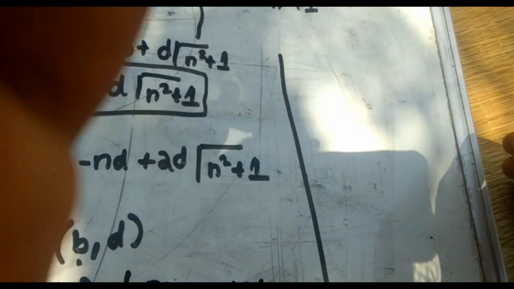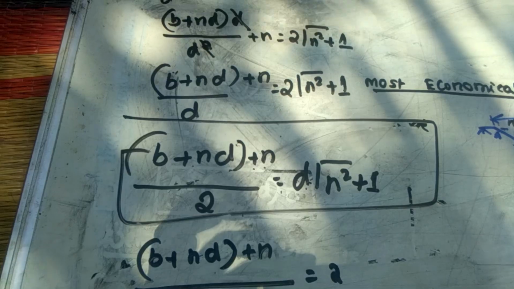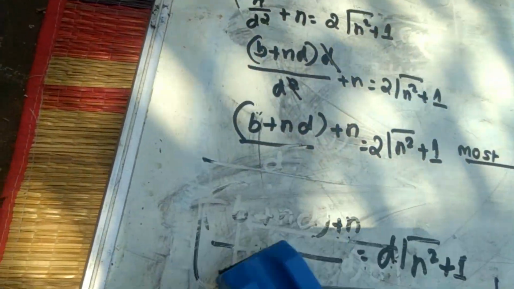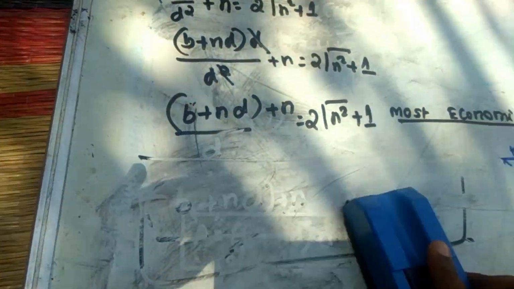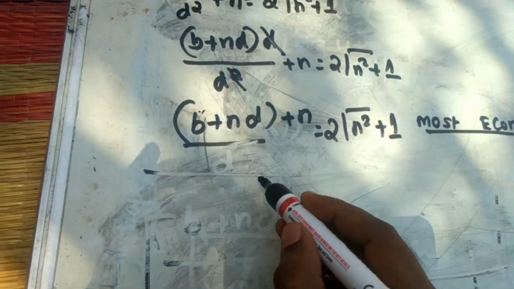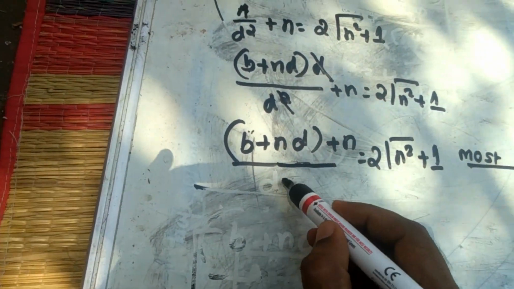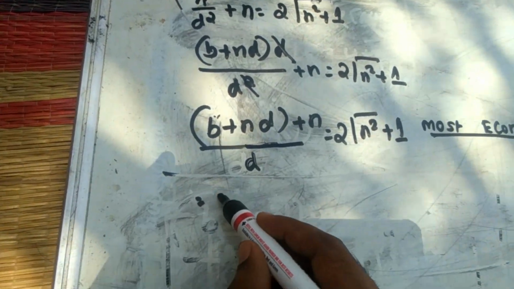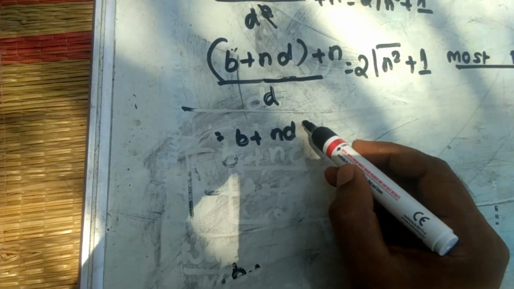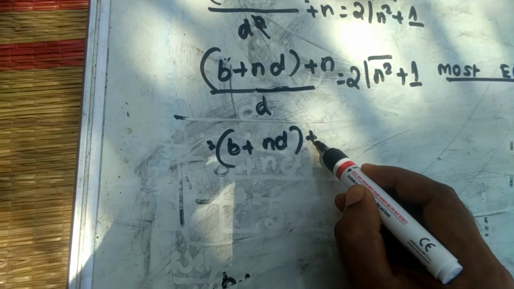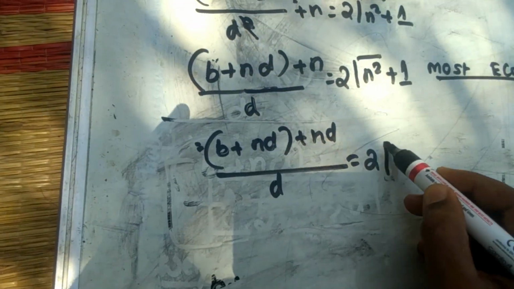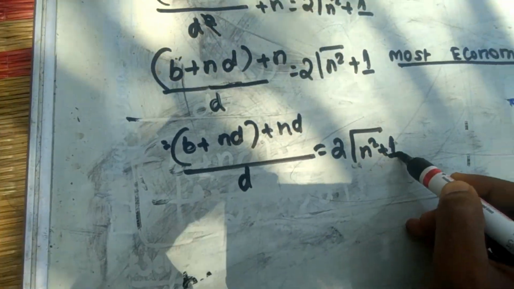A small correction is there here, so just rub this out. B plus nd divided by 2. We can write B plus nd plus nd divided by d is equal to 2 root of n square plus 1.